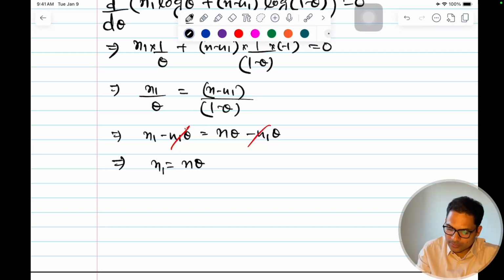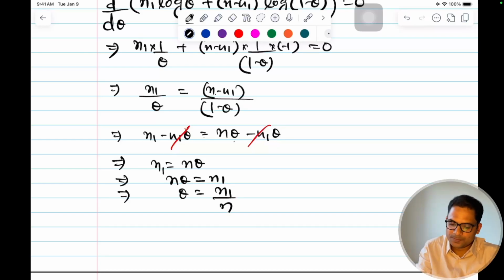Sorry, what have I done? n1 minus n1 theta, this will be here, and n theta minus n1 theta, this is gone. So we'll take n theta is equal to n1, this implies theta is equal to n1 by n.